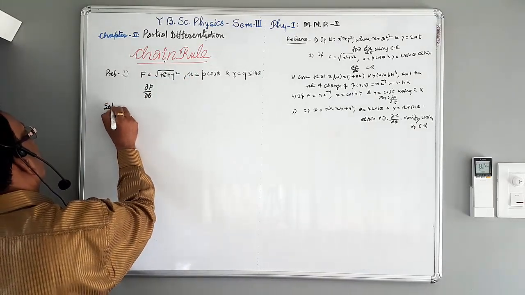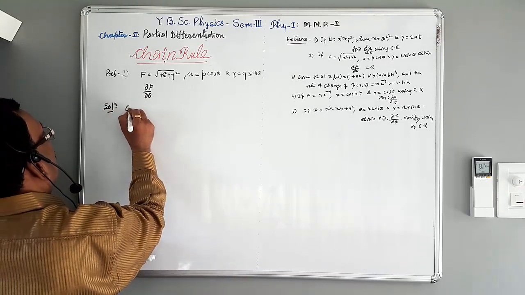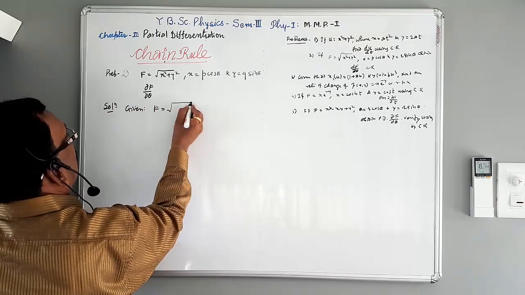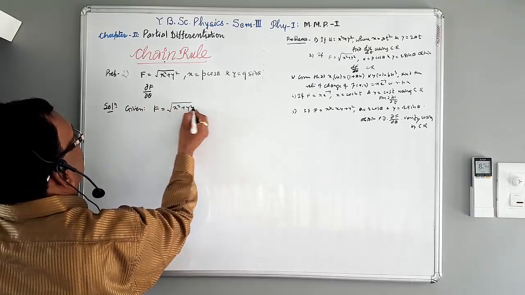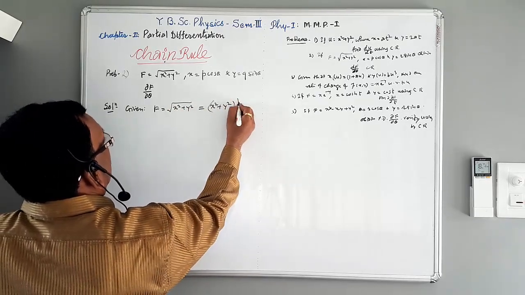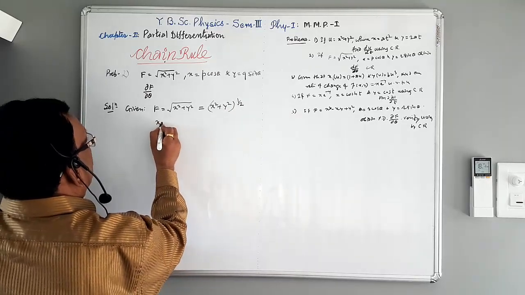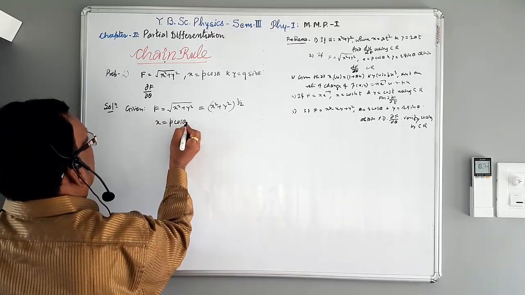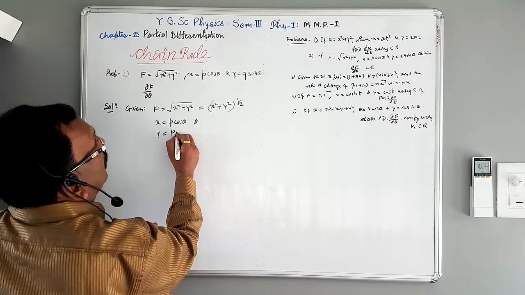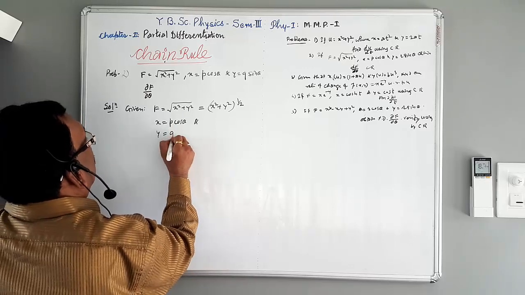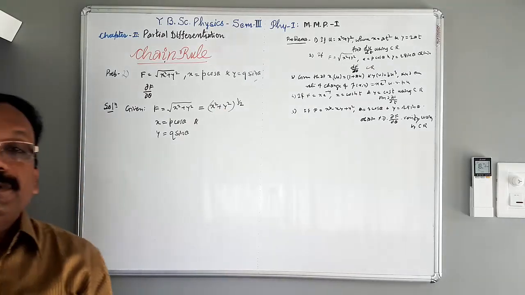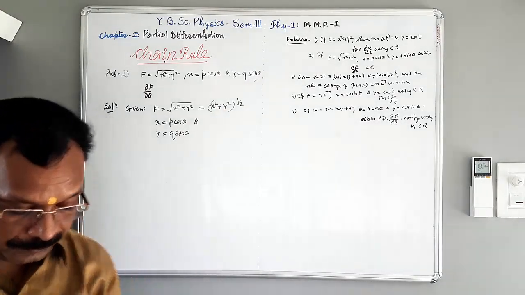Solution: given f is equal to root x square plus y square, which is nothing but x square plus y square bracket raised to 1/2, then x is equal to p cos theta and y is equal to q sin theta. Now what is the chain rule for this solution?